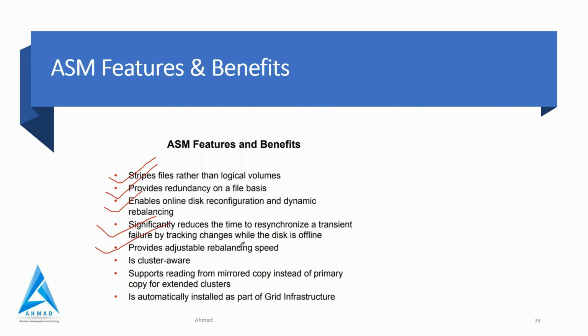It provides adjustable rebalancing speed, is cluster aware, and supports reading from a mirroring copy instead of the primary copy for extended clusters, and is automatically installed as a part of grid infrastructure.